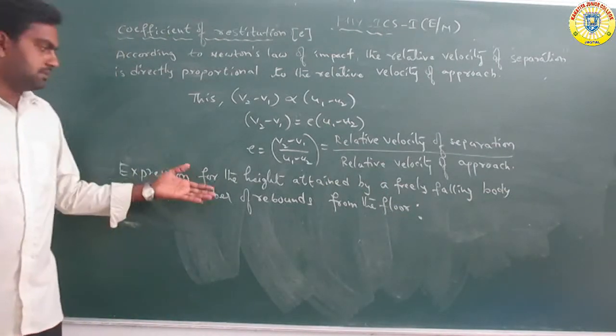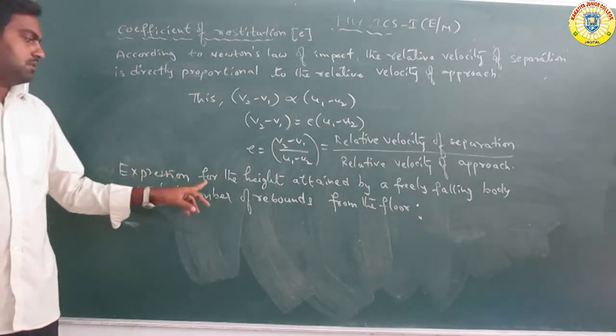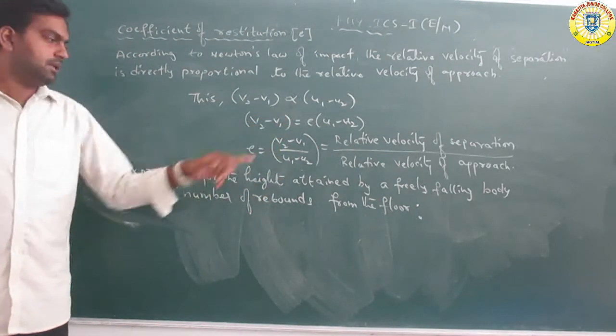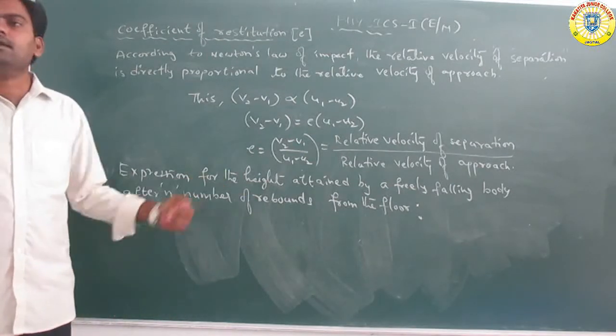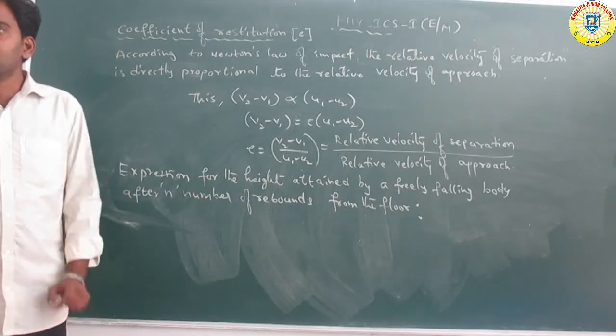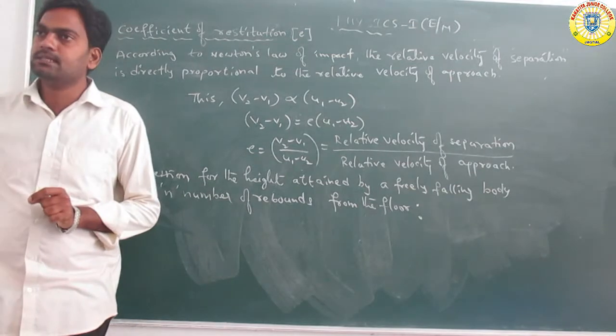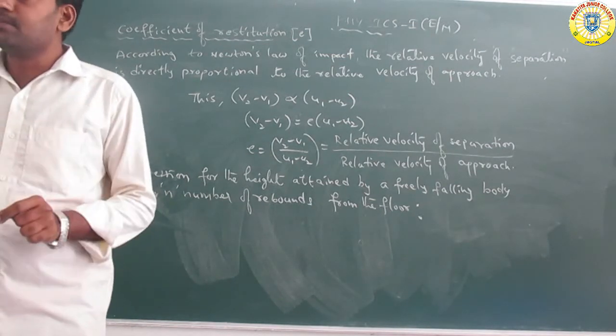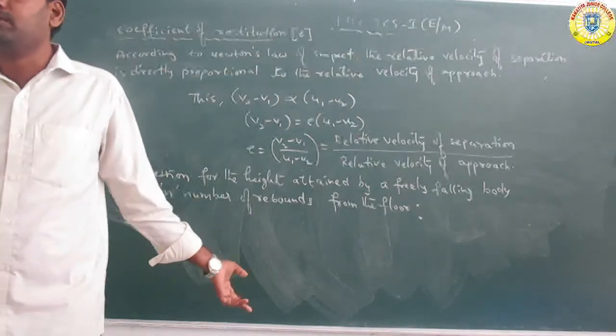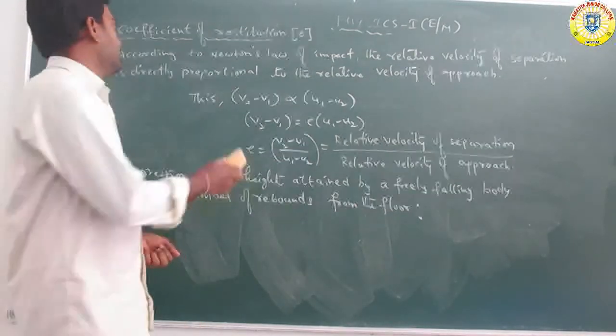So we have to find the expression for the height attained by the free falling body after n rebounds from the floor. Now let us take a diagram.